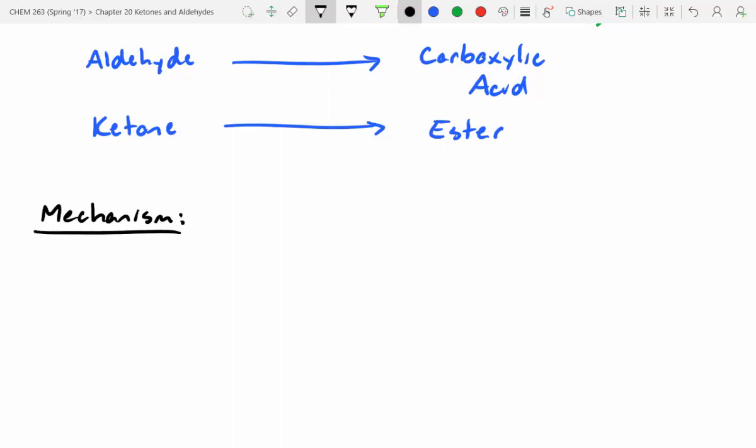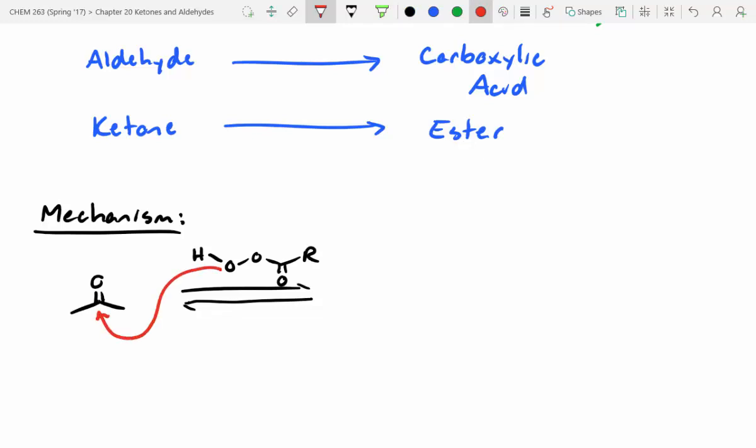And this mechanism is a little bit complicated. The first step involves this peroxy acid. This oxygen on the end is nucleophilic and can attack the ketone and kick up electrons, but this is reversible. Let me clean this up a bit.